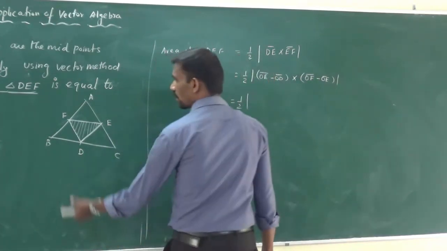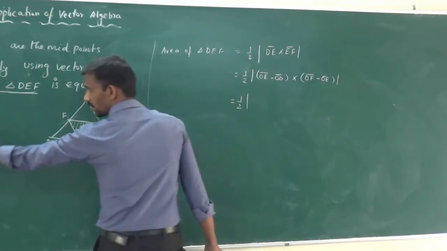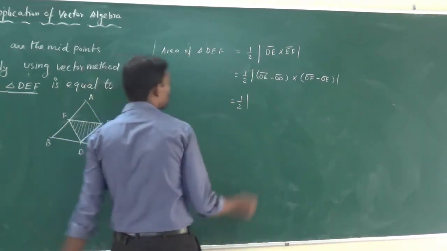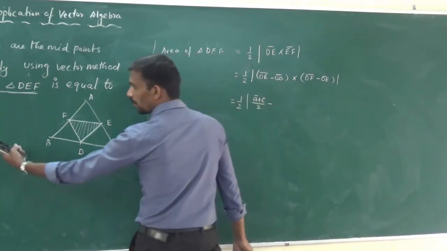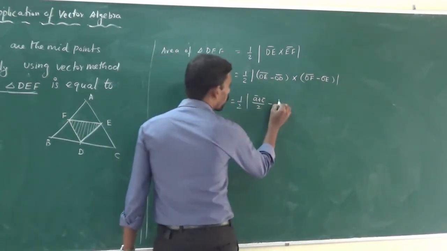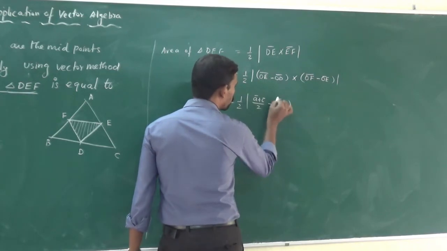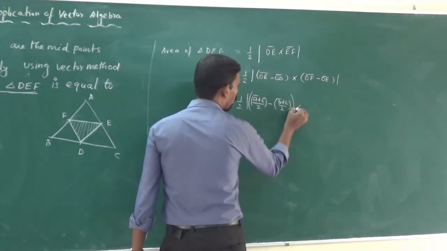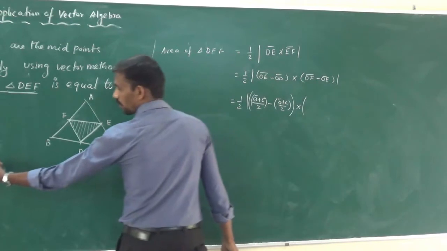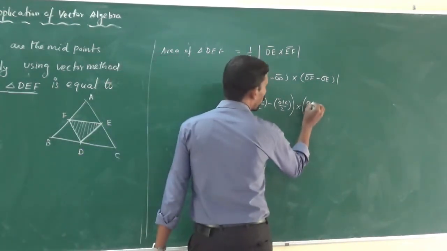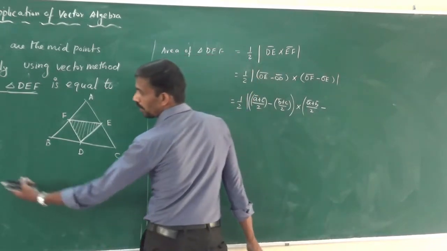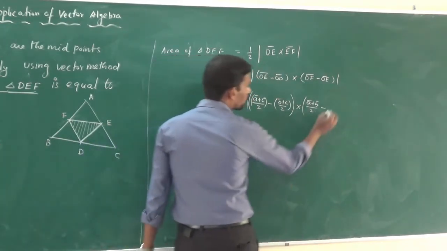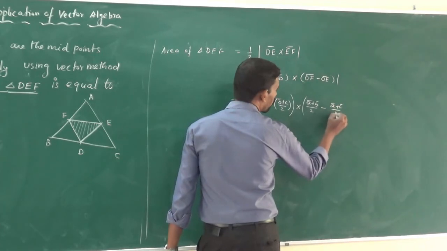What about OE vector? OE vector is nothing but a plus c by 2. So a vector plus c vector divided by 2 minus, what about OD? b plus c divided by 2. Cross OF, a plus b by 2: a vector plus b vector divided by 2 minus, what about OE? a vector plus c vector divided by 2.